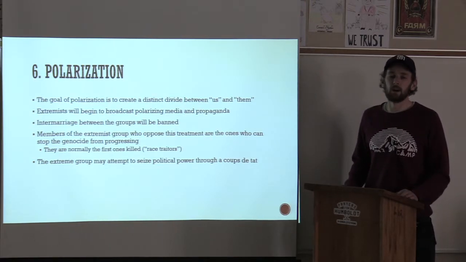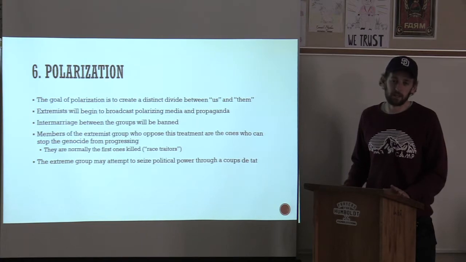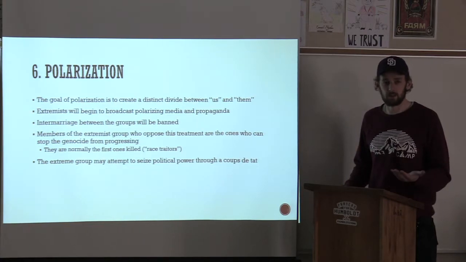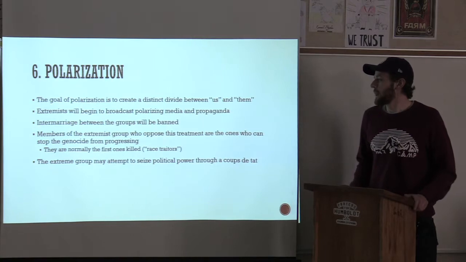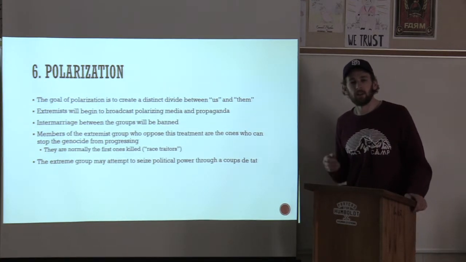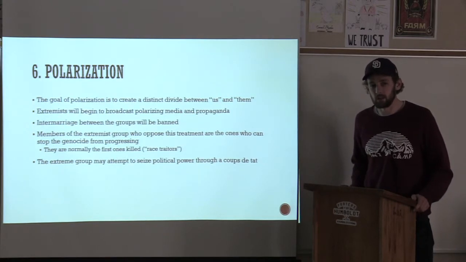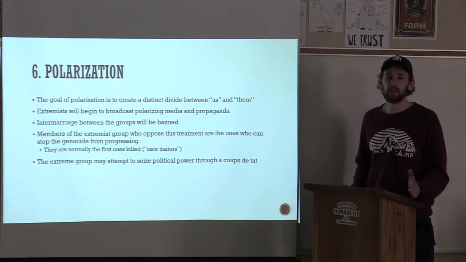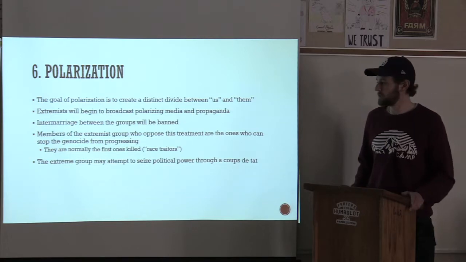But banning the intermarriage stops the mixing, hopefully at least in the eyes of the dominant group, of the bloodlines between those two groups. Members of the dominant group who sympathize or oppose what's going on in the genocide will normally be the first ones killed in order to eliminate anyone that can possibly bridge the gap between the two groups.